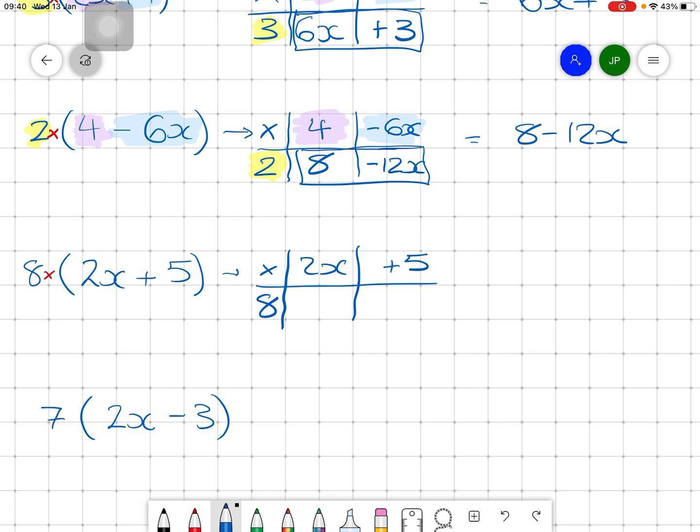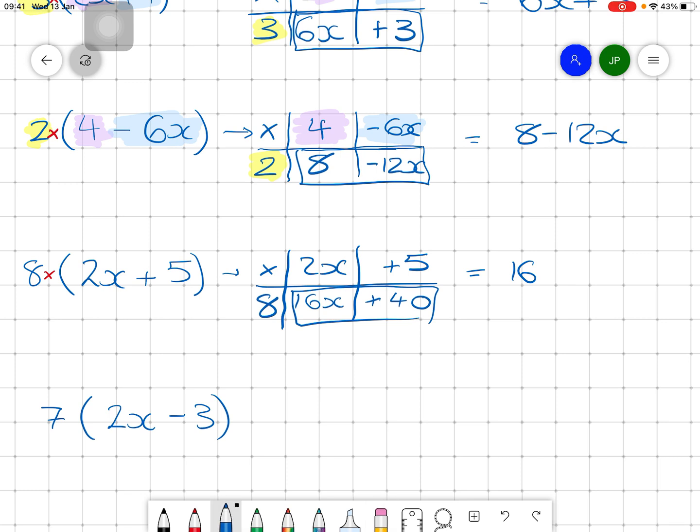The bracket gets split and puts in the 2 at the top. And then we multiply 8 times 2x to give me 16x. x times positive 5 to give me positive 40. Take those two parts I've just worked out, and they become my answer.